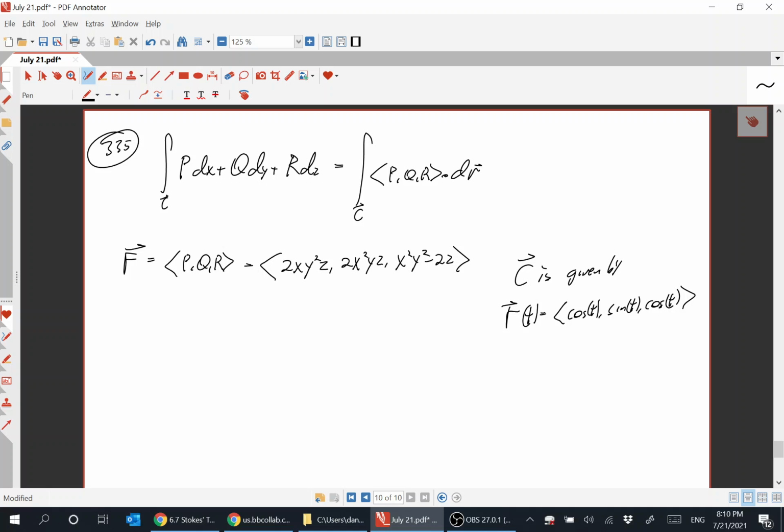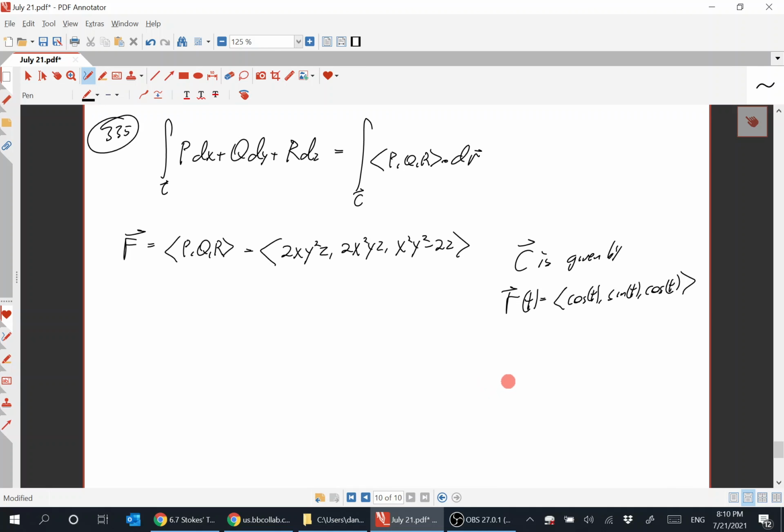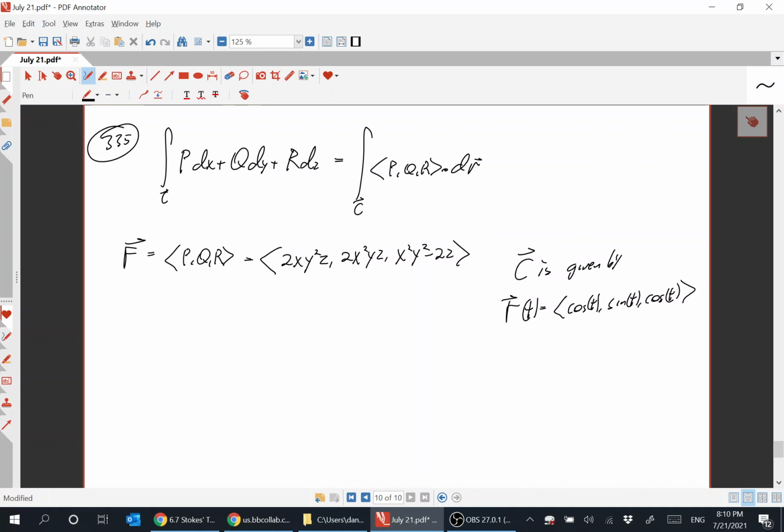It would be interesting to do that problem, finding the surface that has this curve as a boundary.